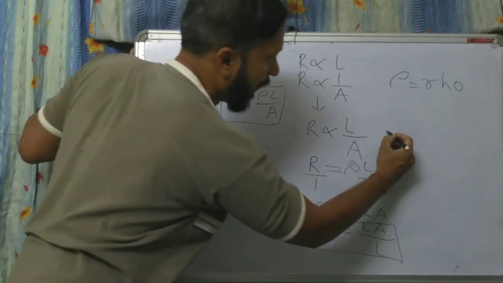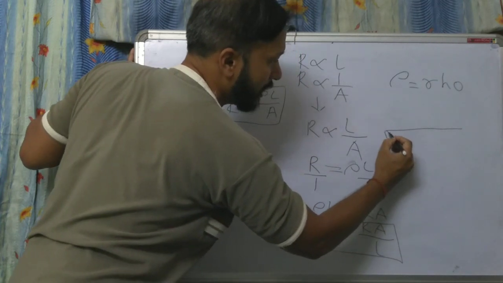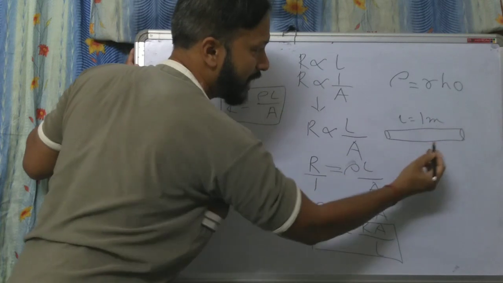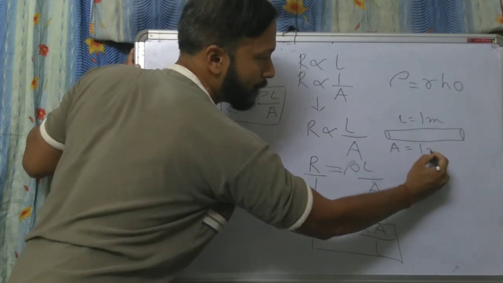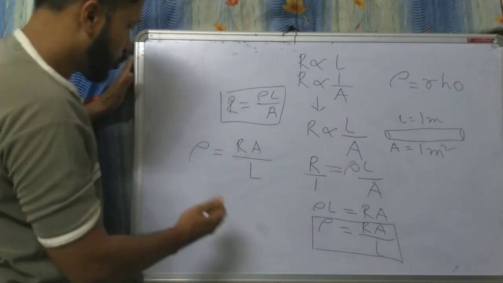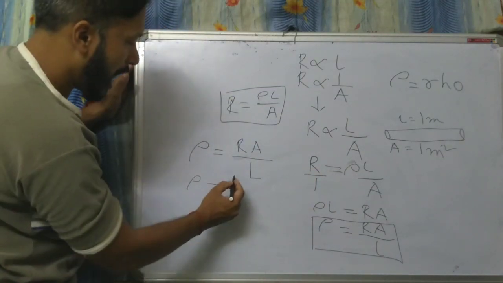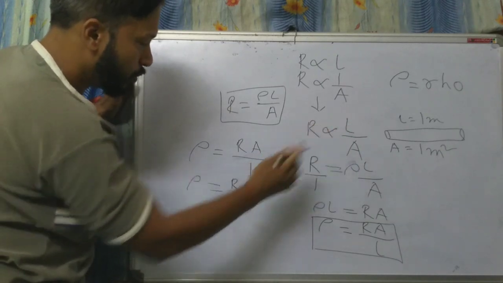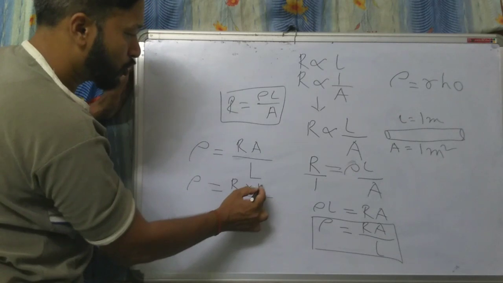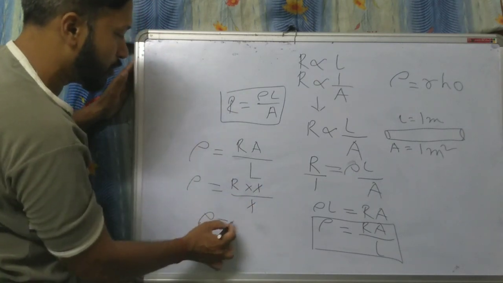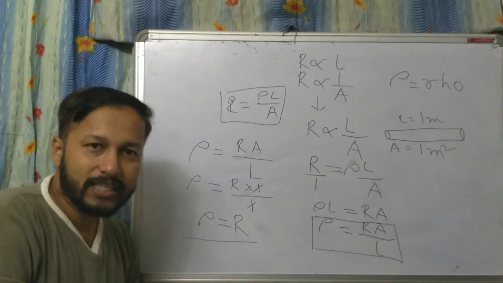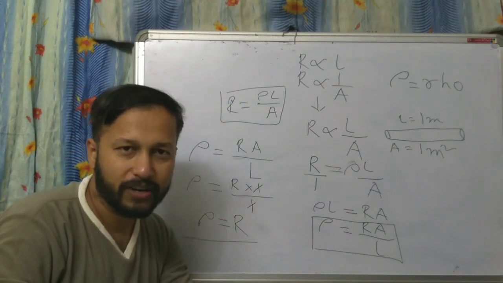What I'm doing, I'm taking a wire whose length is 1 meter and area is 1 meter square. Now let us put these values here. So rho equal to R, area is 1 by length is 1. So 1 is cancelled. So rho equal to R.